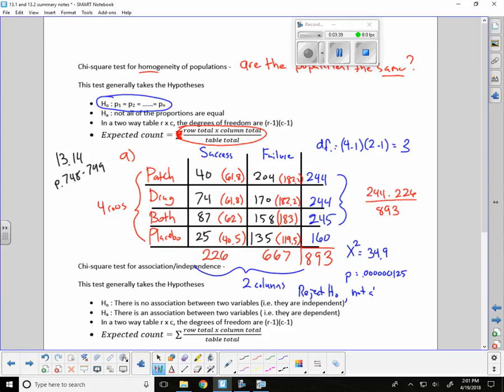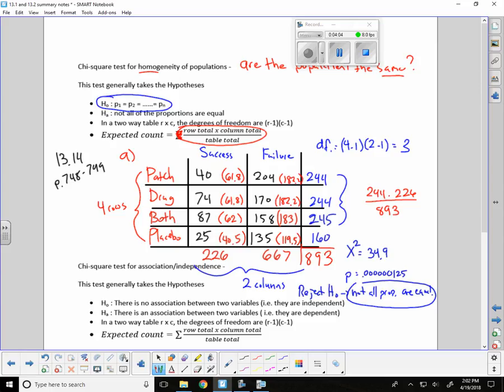Not all proportions are equal. And at this point, we would follow up. So we would reject H naught and we would follow up to compare what the actual proportion of success was in each case.